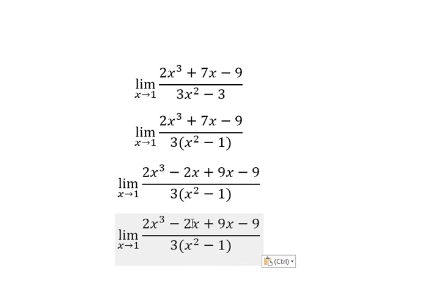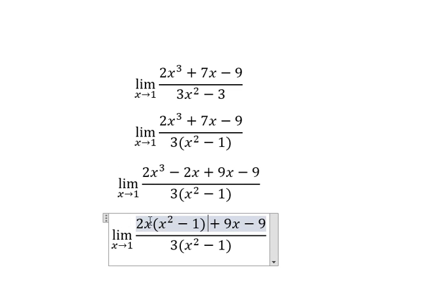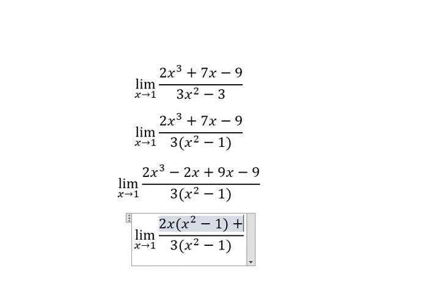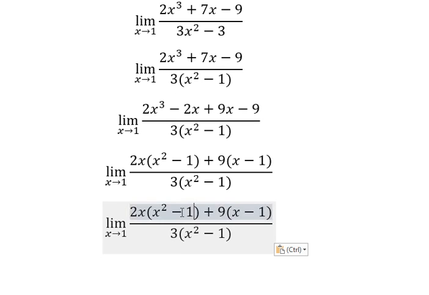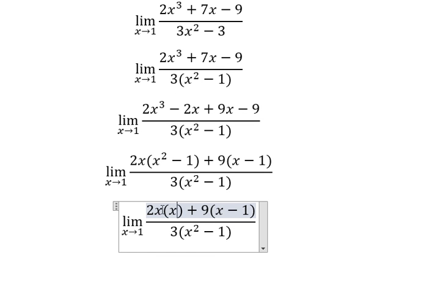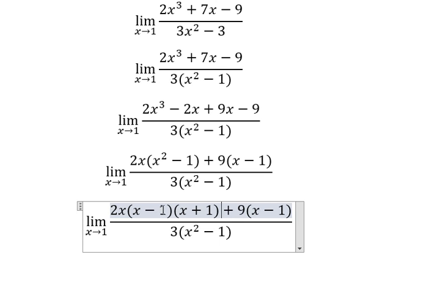We can do factorization with 2x. This one, that's 9 multiplied by x minus 1. So this one we get x minus 1 multiplied by x plus 1.